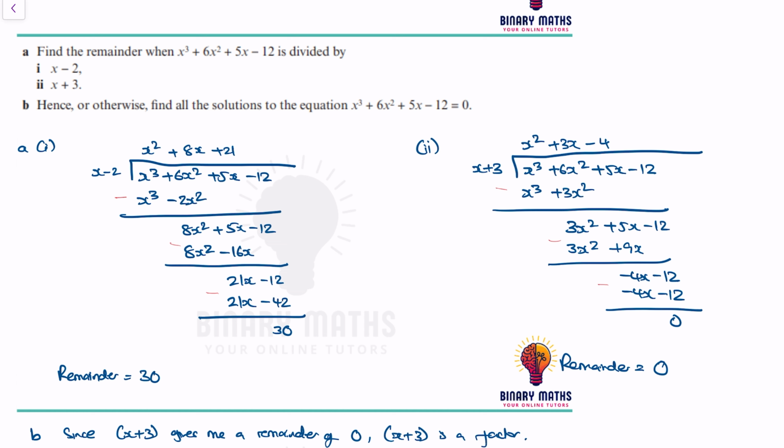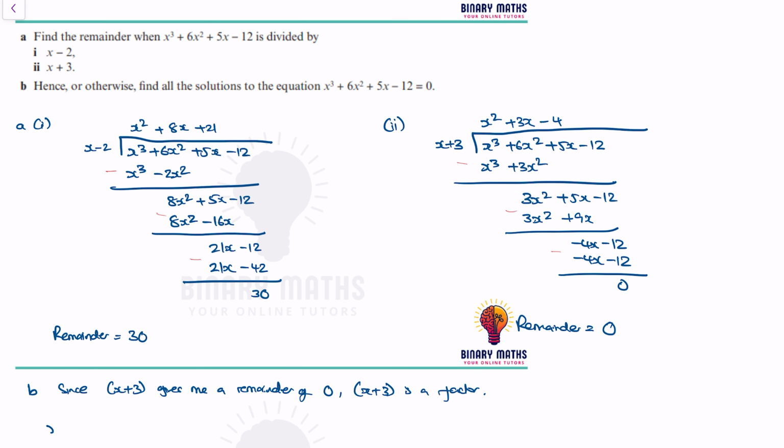Which means x cubed plus 6x squared plus 5x minus 12 can be written as x plus 3 times x squared plus 3x minus 4. But the second bracket is a quadratic which can be factorized. So it's plus 4 and minus 1, which means solutions are x equals negative 3, x equals negative 4, and x equals 1.